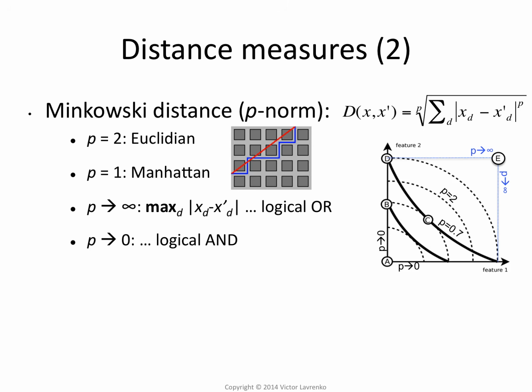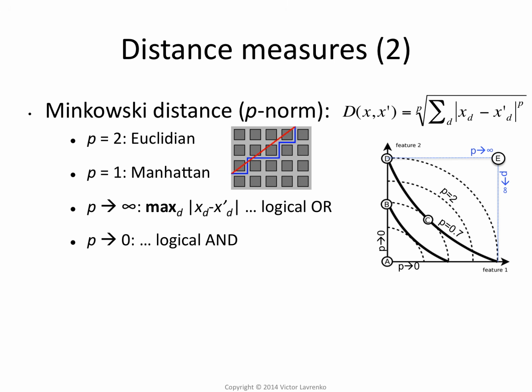So the Euclidean, of course, when p is equal to 2, that's your dashed or dotted lines, the contour lines. All the points on the line are the same distance from the testing instance. So for Euclidean distance, points B and C are the same distance away, and point D is a lot further, and point E is even further.